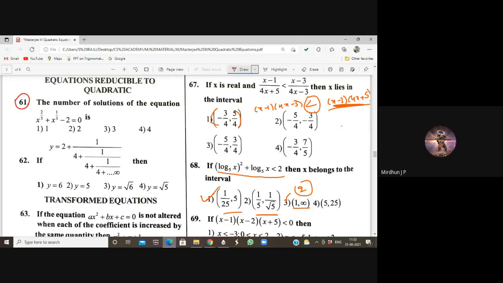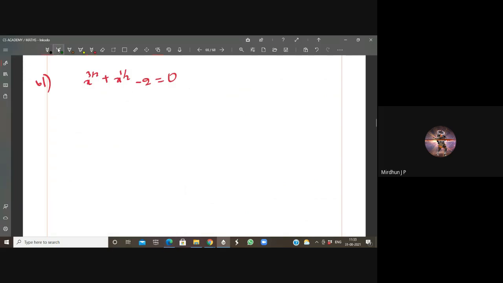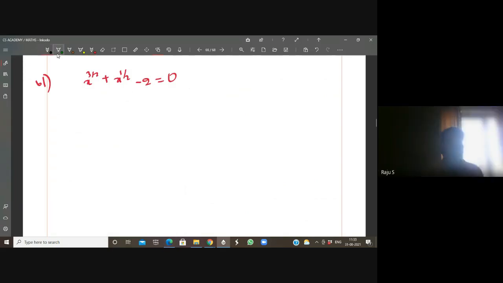Here it should not become a quadratic equation. We cannot change here. Whenever you have 3 by 2, it becomes a cubic equation, right? So if it is 2 by 3, what will happen?